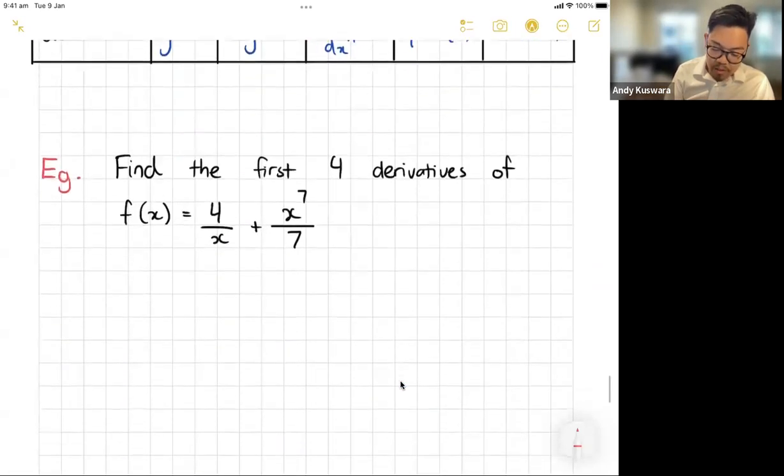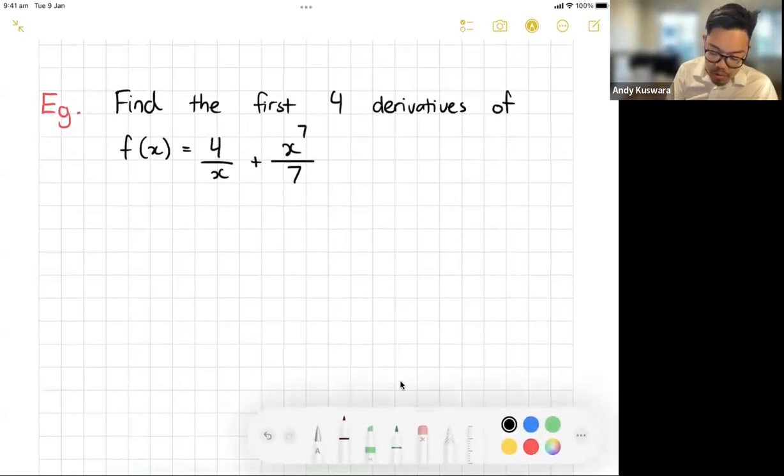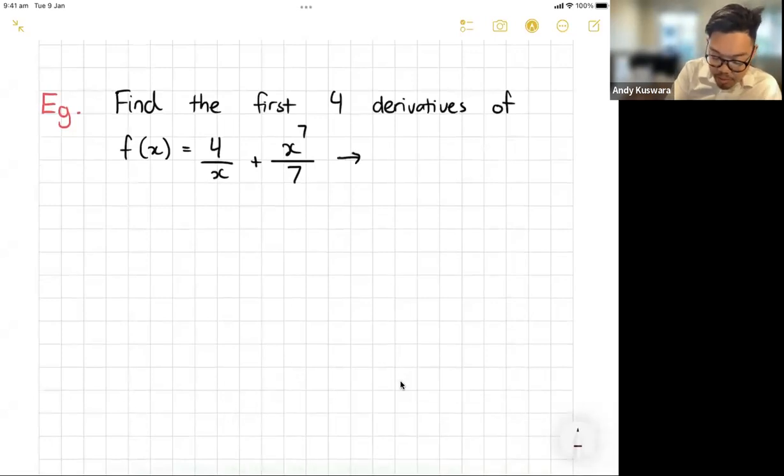Okay, very simple. Find the first 4 derivatives of f(x) equals 4 on x plus x to the power of 7 on 7. Okay, so I'm just going to rewrite it in a way that's a little bit nicer for us to derive. Essentially, I can write it as 4 times x, and if it's on the bottom, write it as a negative index.